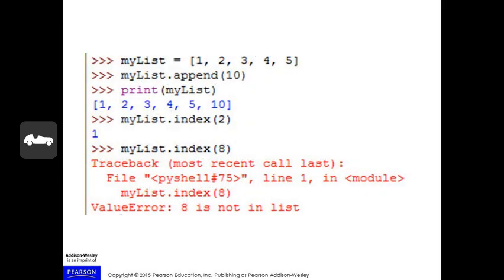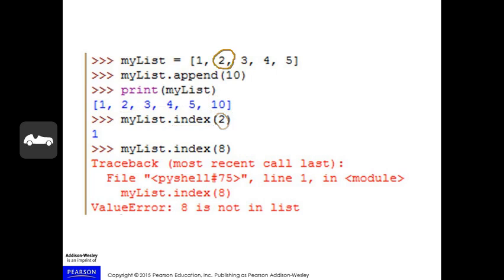Some examples here. my list dot append 10. So my list is now 1, 2, 3, 4, 5, with 10 appended at the end of the list. my list dot index 2: basically, it's trying to find an item's index. Since we can find this item in the list, we just return its index.